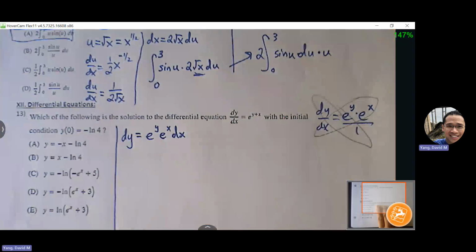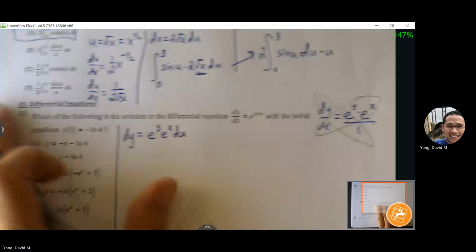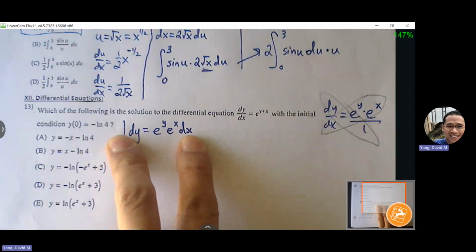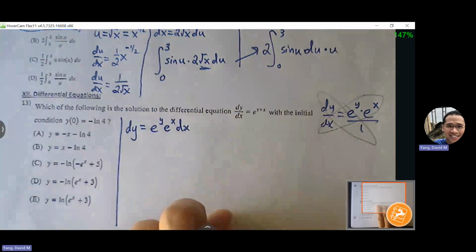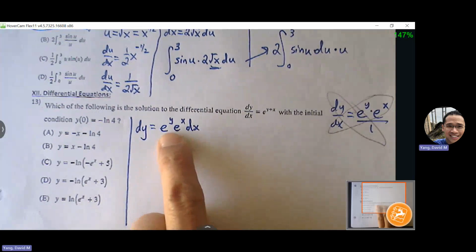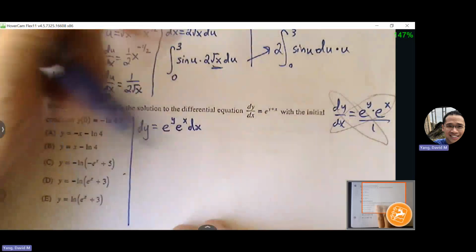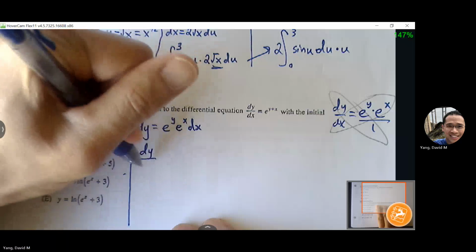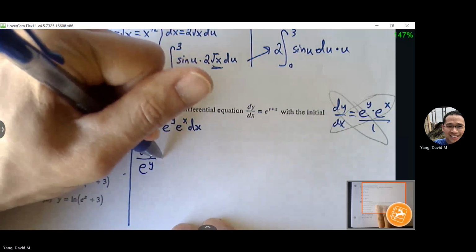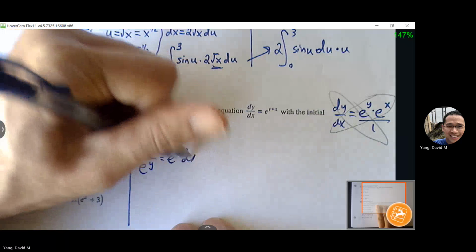Okay, so here's my cross multiplying step. My dy dx's are lined up nicely. What's out of place though? Yeah, so I got to do what with it? Divide. Okay, so divide, where does it end up? In the denominator, right?